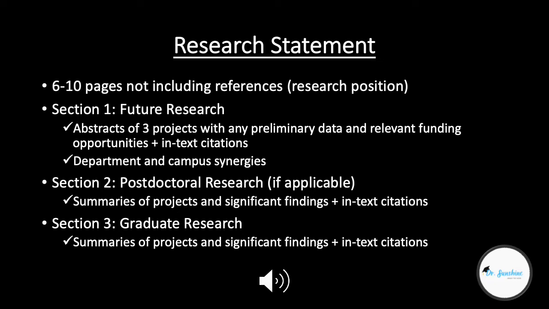So, in general, if you are applying for a tenure track research position as someone who is a graduate student coming straight out of grad school, or you are a postdoc with 1 to X years of experience, you should generally have a 6 to 10 page research statement. Okay, and this does not include references. And I would lean toward the lower end for graduate students who are just getting out of graduate school. You may have even a 3 to 4 page research statement.